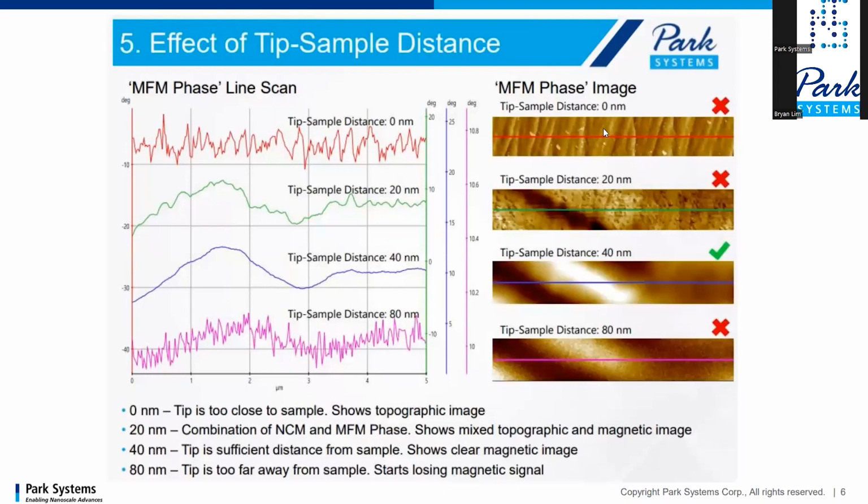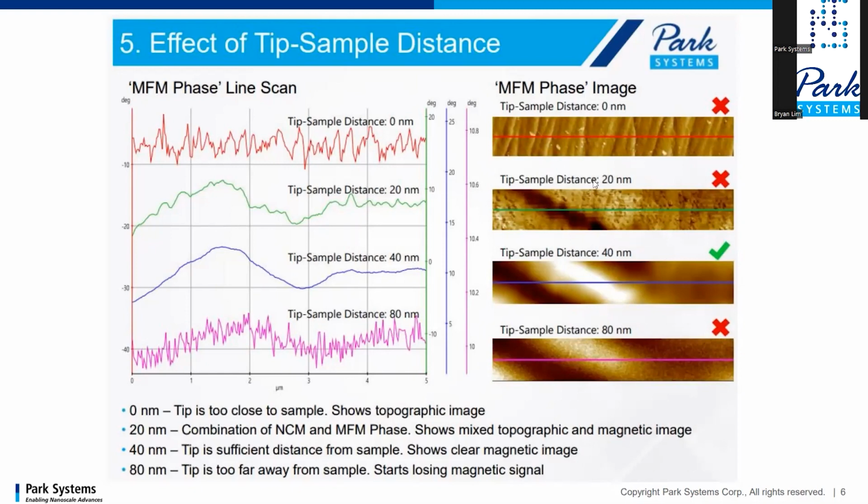Let's take a look at the effect of the tip and sample distance, the lift mode distance. If you key in 0 nanometers distance between the tip and sample, what you get is just the pure topography phase. You don't get any magnetic signal. If you input a higher value, like 20 nanometers, you may get the magnetic signal, and you may also get the topography signal interlaced into one image.